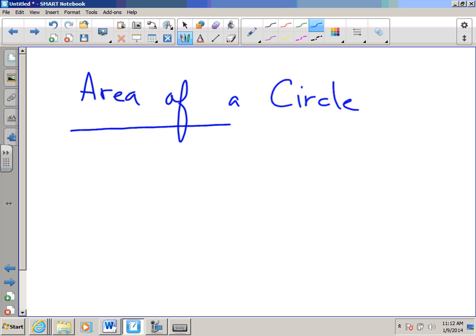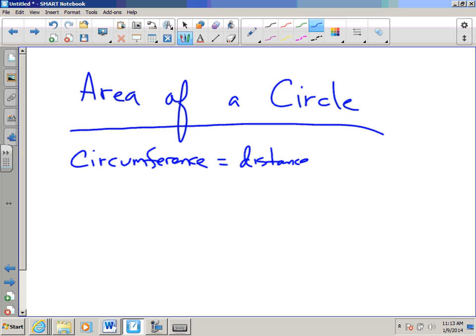Circle. So if we talked about circumference yesterday and some today, being like the distance around the circle, area would be what?